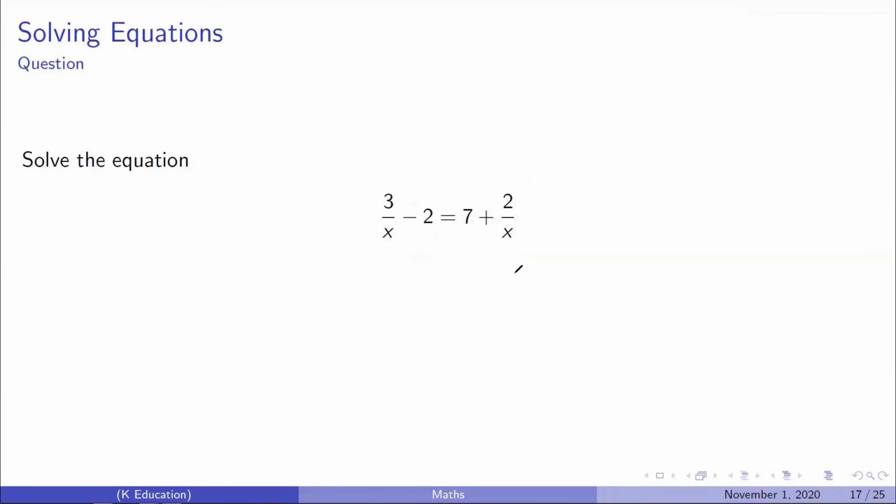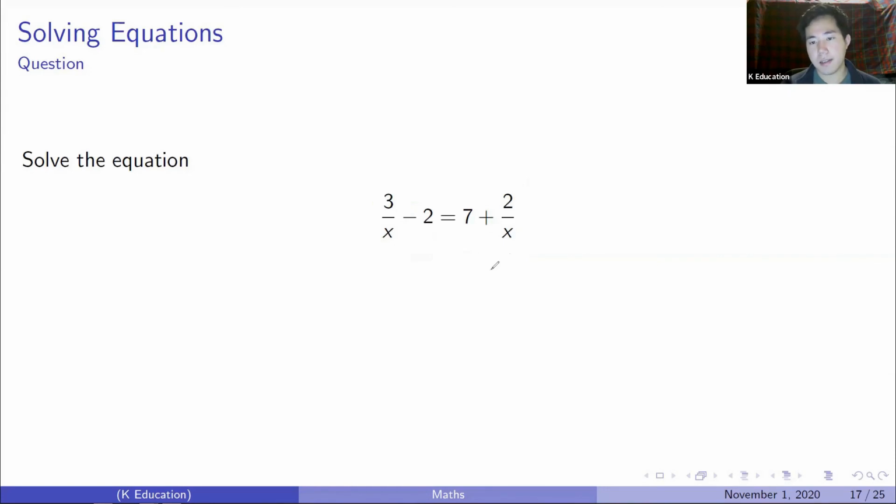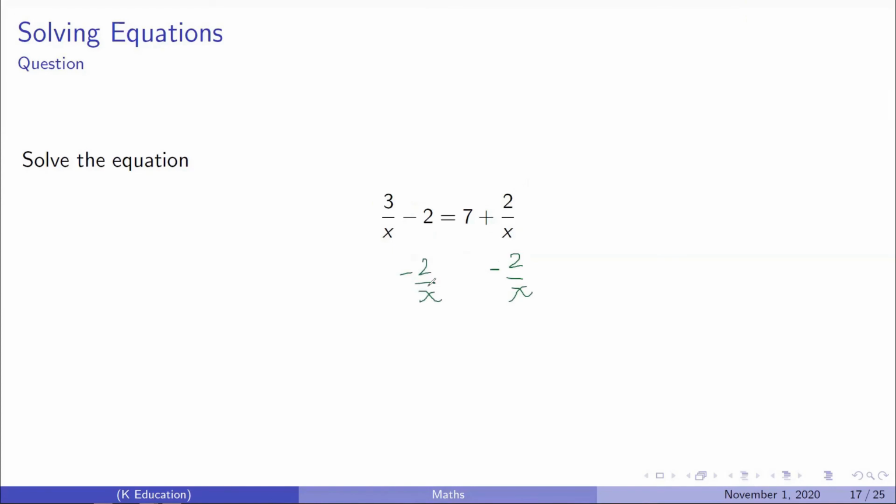I can move it all to the right side. So let's subtract 2 over x from both sides. What does that give me on the left hand side?